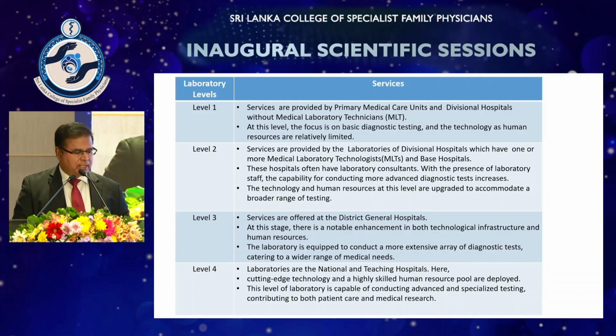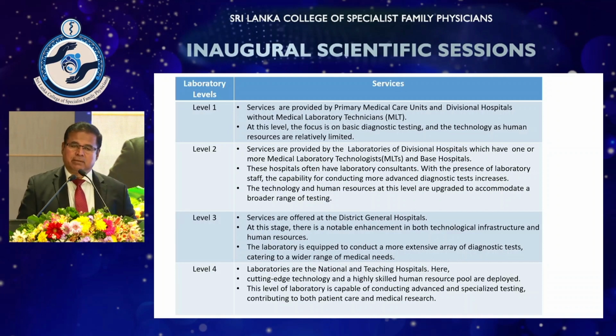When it comes to level 3 laboratories, these are established in district general hospitals. Also, from the base hospital upwards, there are laboratory consultants. At this stage, there is a notable enhancement of technology, infrastructure and human resources. There are a lot of MLTs working, and in all the sections, hematology, chemical pathology as well as microbiology, testing is done at level 3 laboratories.